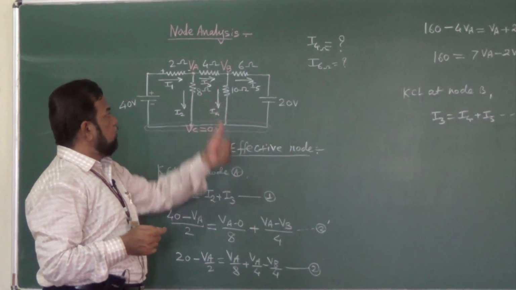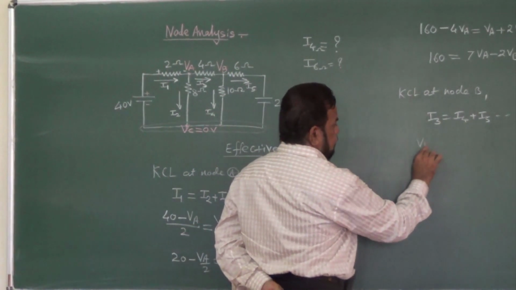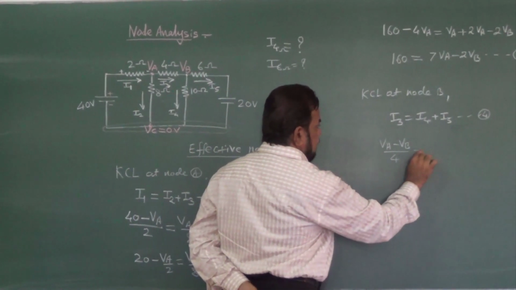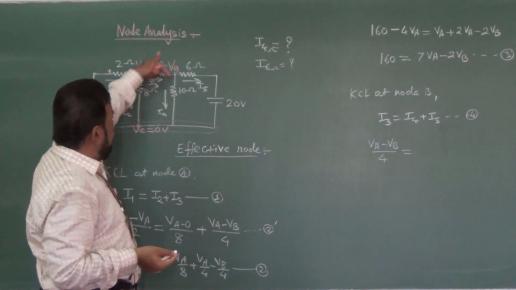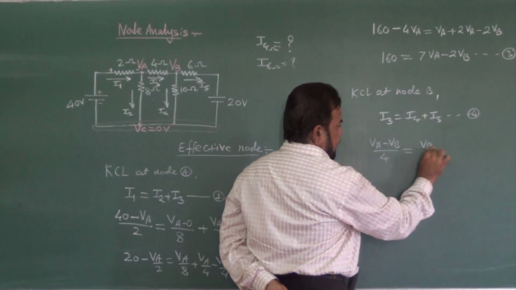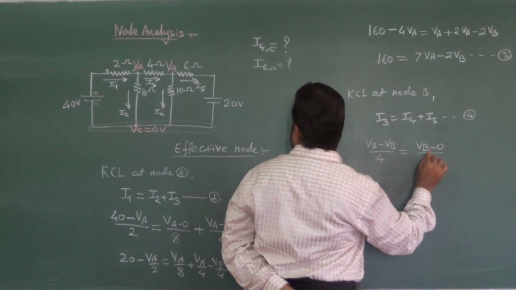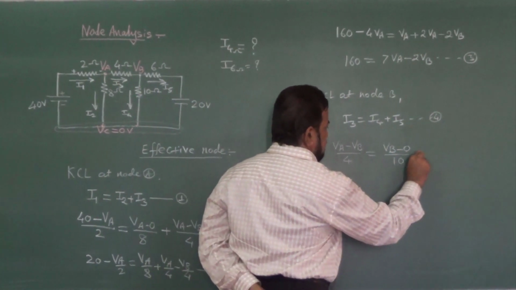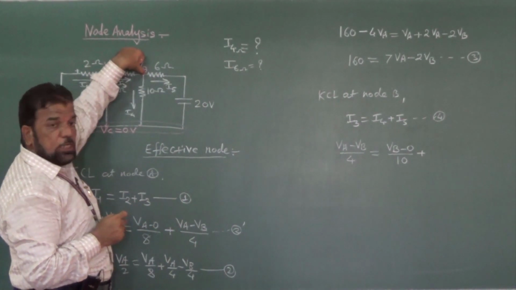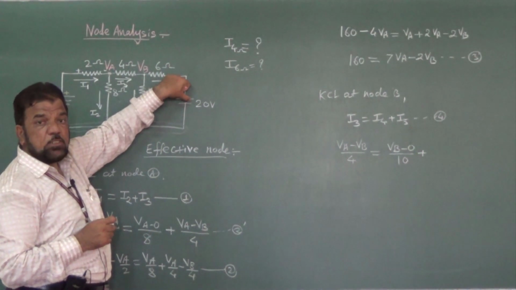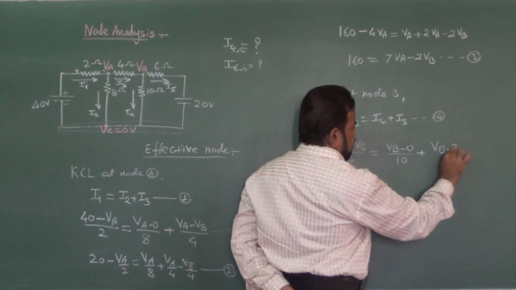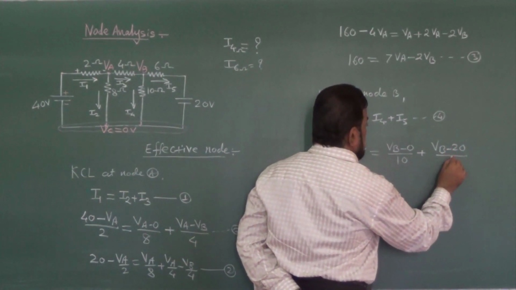So again, I3 is VA minus VB divided by 4, that is equal to I4, the current flowing down, so it is VB minus 0 divided by 10, plus I5. Here potential is VB, whereas here potential is 20. So it is VB minus 20 divided by 6.